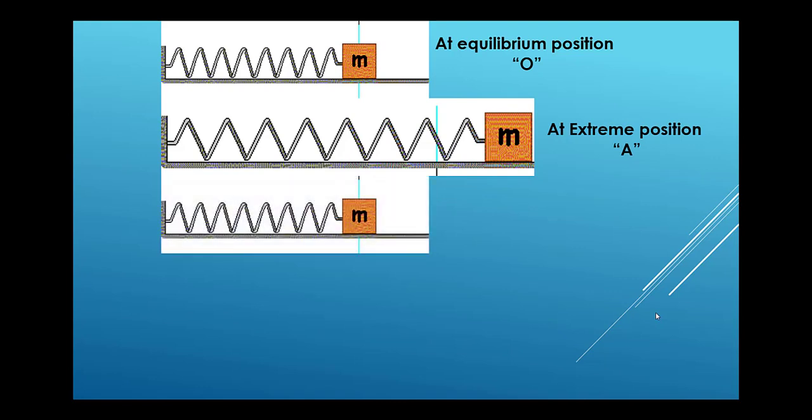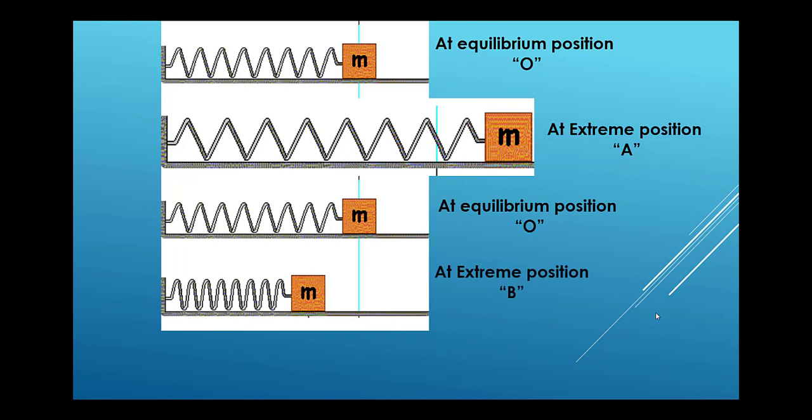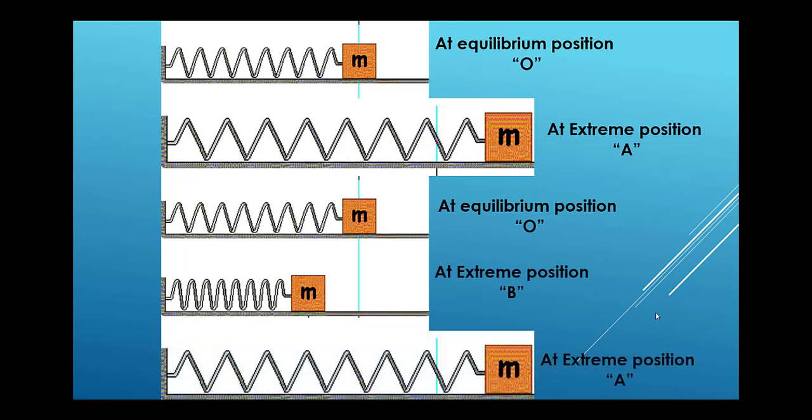The mass, due to the elastic restoring force, will move towards point O, the mean position, and then it goes to point B, the other extreme position on the other side of O, and then it will return back to point A. This is called one vibration, starting from point A and then returning back to point A. The motion of the mass in this case is called one vibration.